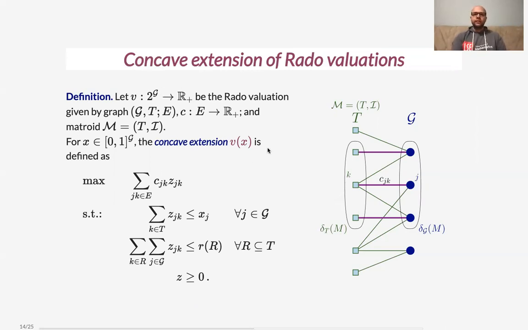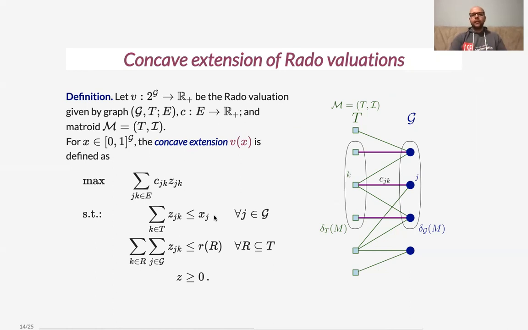Recall that a Rado evaluation was defined on subsets of goods. Now we can extend it to the whole unit cube. For some vector x, the concave extension, this V(x), is defined as essentially the maximum weight fractional matching that uses at most x_j of each good j.